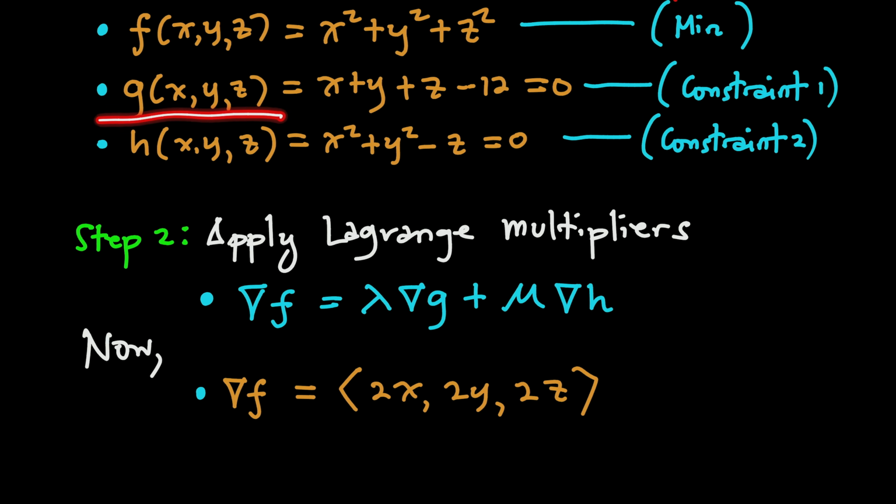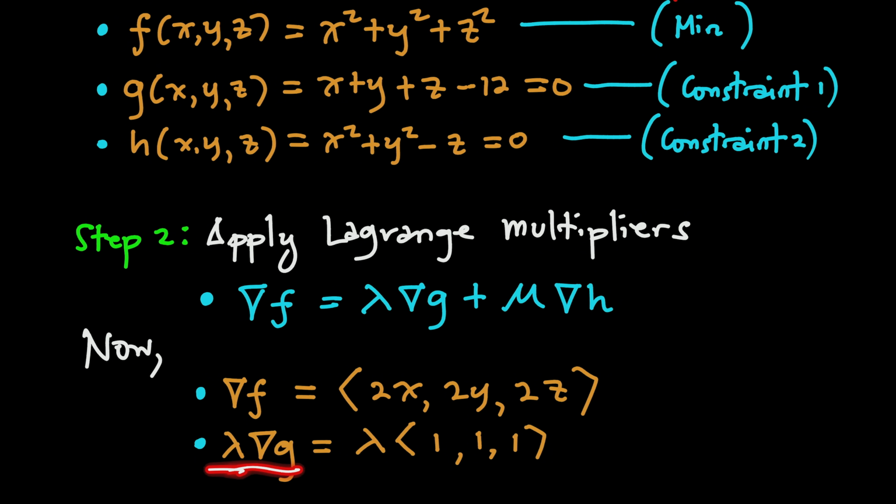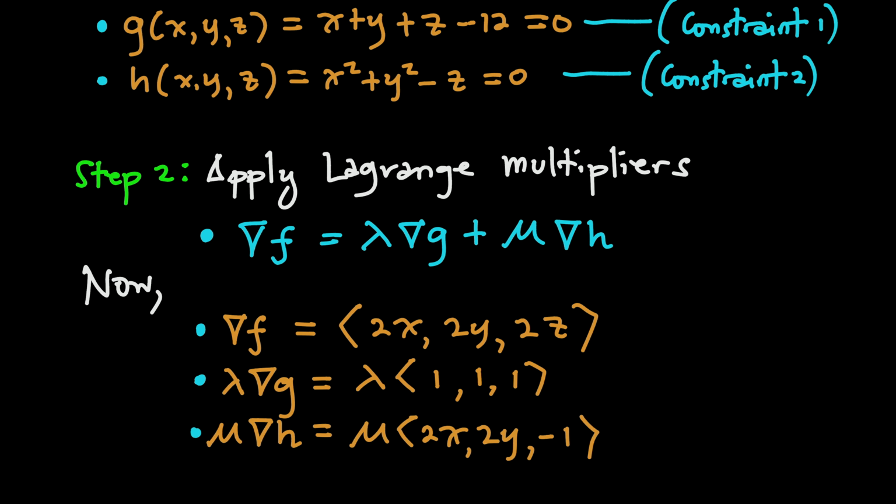For the gradient of g, we have lambda times this one. Deriving this one with respect to x gives us 1. Deriving this one with respect to y, we also have 1, and similarly for z. And then finally, for the gradient of h times this mu, we have this one. So deriving this one with respect to x, you have 2x. We also have 2y for the partial with respect to y, and then finally we have negative 1 for z.